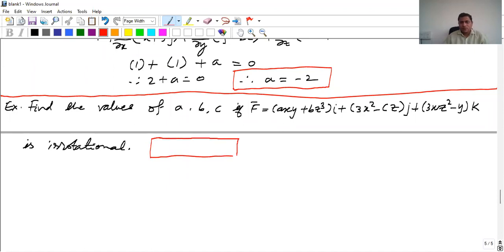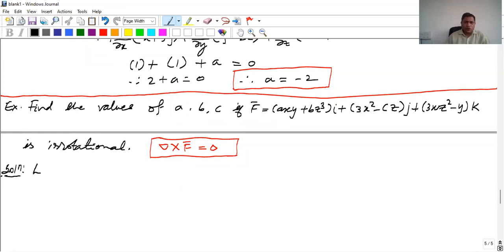Curl is 0. Okay, so we'll be having del cross F bar is equal to 0. Okay, so let us go with the solution.